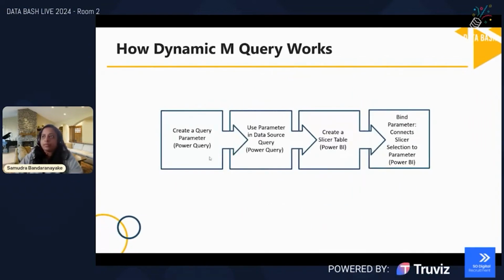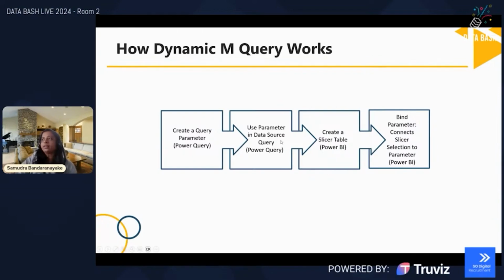So how does dynamic M-query work? First we have to create the parameters, which could be one or more, using Power Query. The second part is using those parameters in Power Query. I have a demo Power BI Desktop file, and I will explain how we can set these parameters inside Power Query.